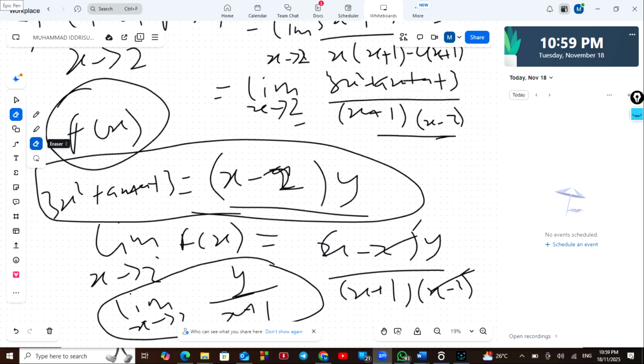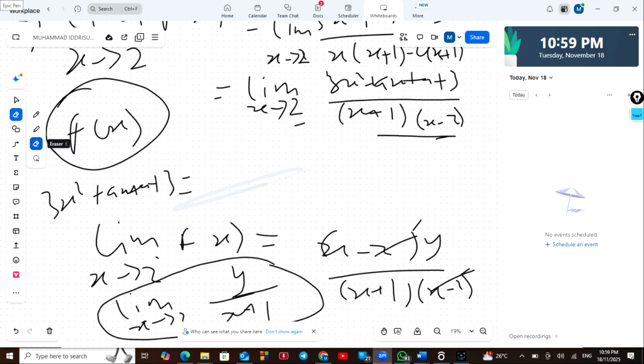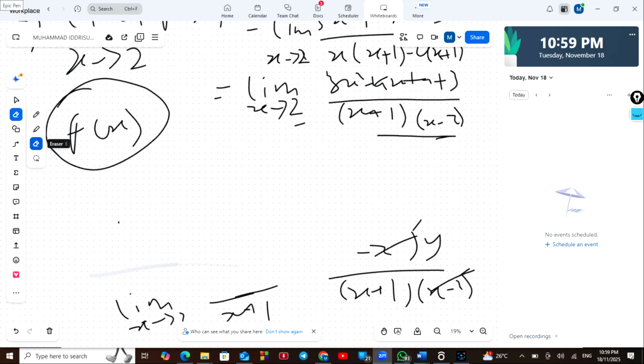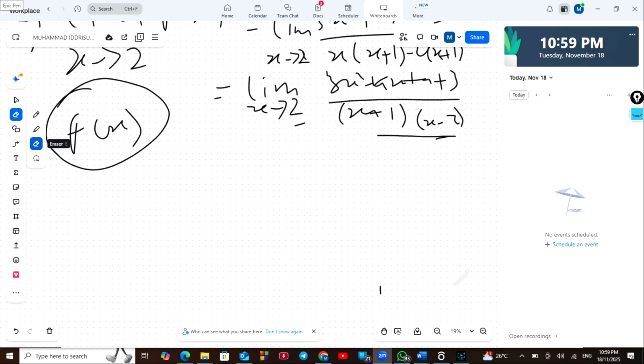But the question suggested that this limit exists, so let's see. If the limit exists, then x minus 2 should be a factor of the numerator.